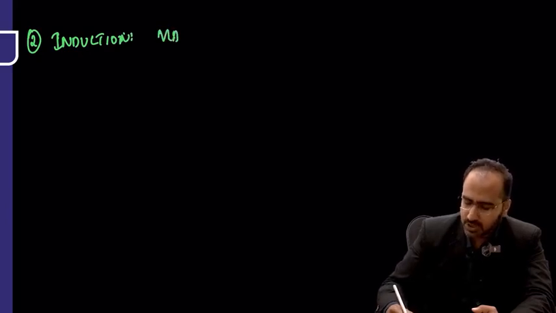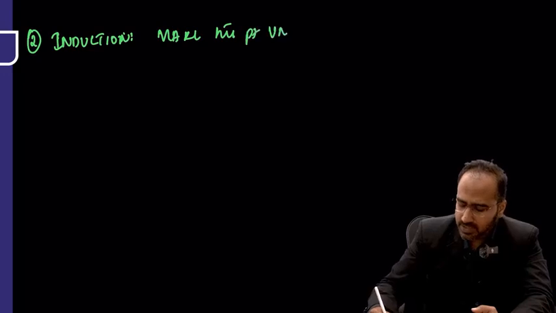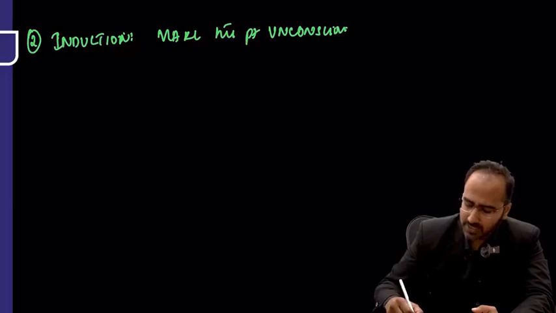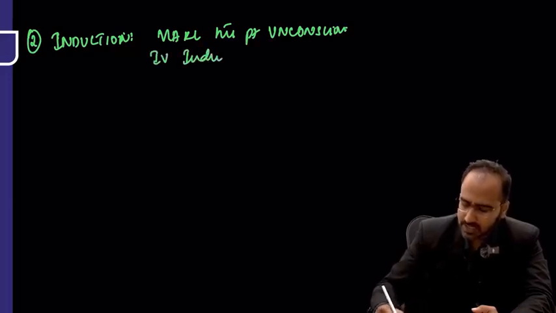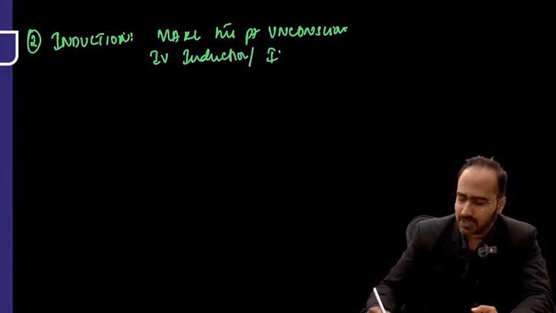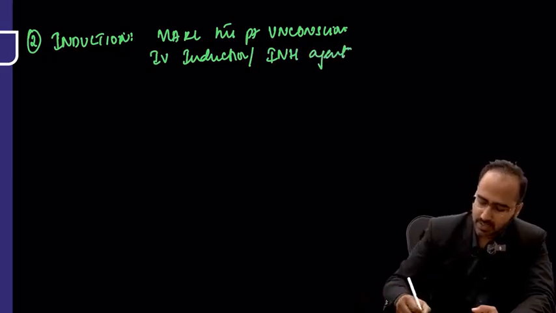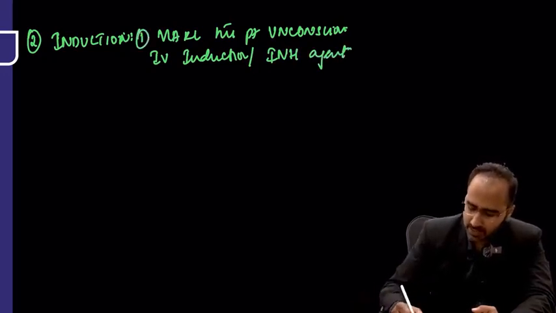First aim is you make the patient unconscious. How will you make the patient unconscious? By giving IV induction agent. Or in children, they can be made unconscious by using inhalational agents.